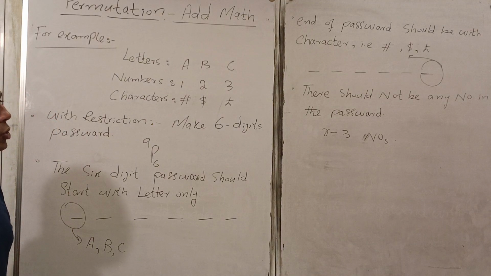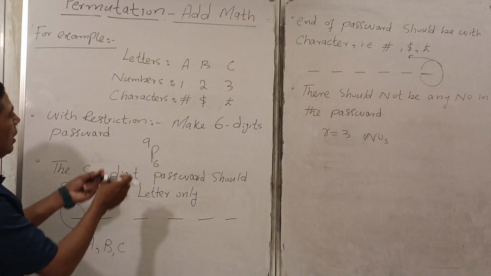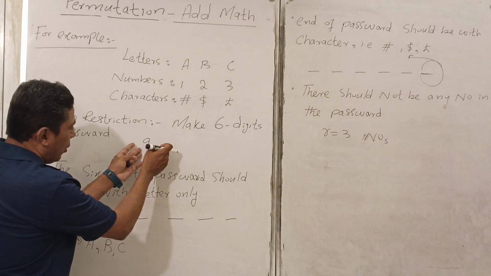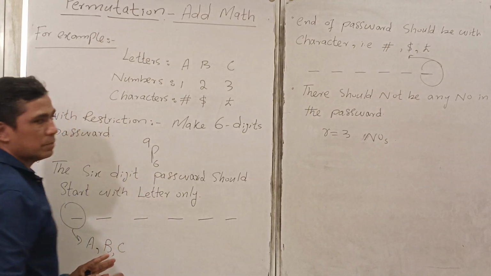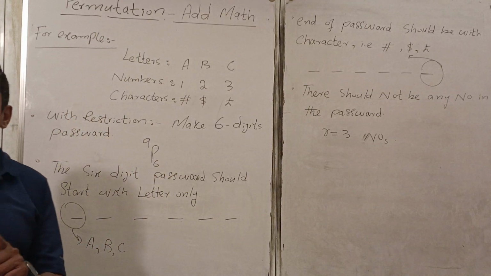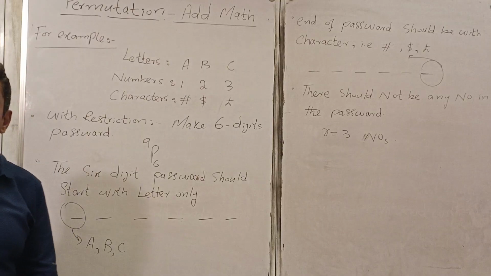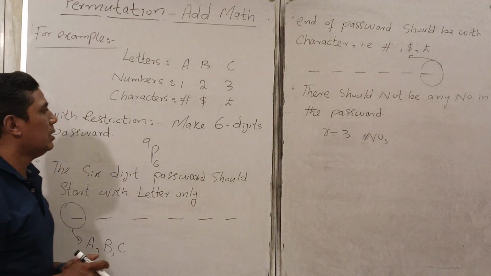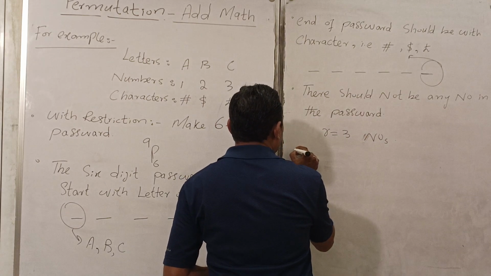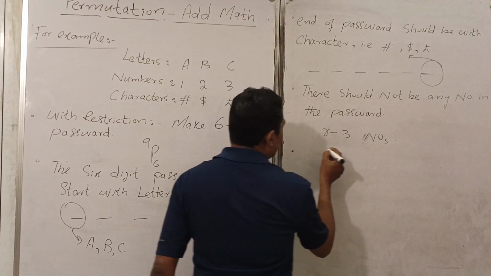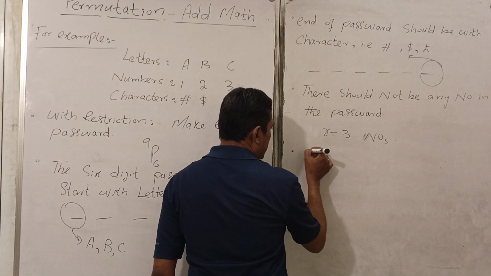Clear? So you will have the possible ways related to the numbers, right? So it means that there is another kind of restriction.